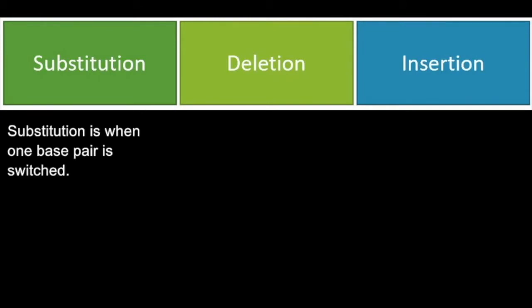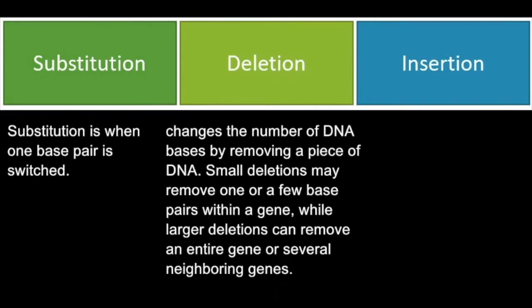There are three mutations in DNA we're going to talk about today: substitution, deletion, and insertion. Substitution is when one base pair is switched. Deletion and insertion both change the number of DNA bases. Deletion does this by removing a piece of DNA, which can be as small as a few base pairs within a gene, or large, like removing an entire gene or neighboring genes.